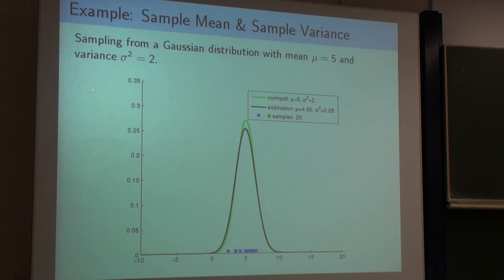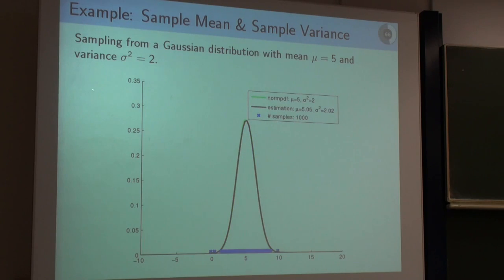Now if we take more data points, like 20 samples now, distributed like that, again 20 random independently drawn samples from the green density function, and now we calculate mean and standard deviation, and we get this new black density, which is already quite close to the original density function.